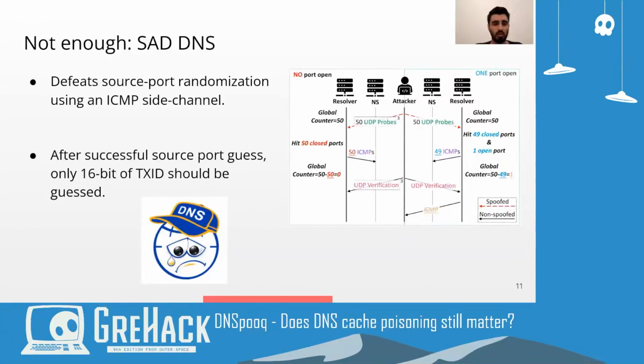And this allows attackers to predict or to know the source port for an outstanding query, and therefore the attacker only needs to guess the transaction ID, which is 16-bit, and we said that is very much feasible.